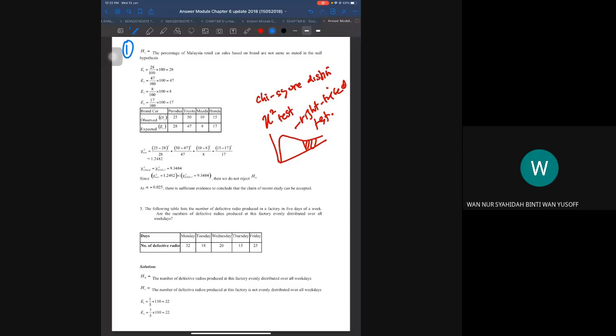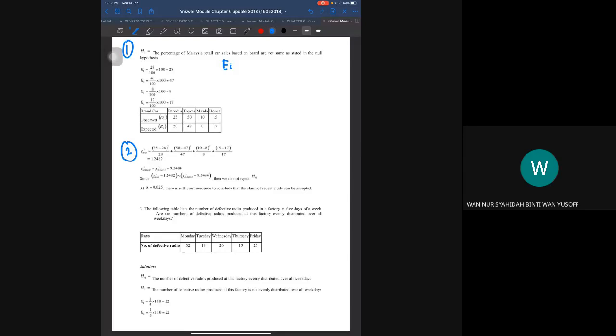And then the second step is to calculate the chi-square test. But before we calculate the chi-square test, we need to calculate the expected frequency, the Ei. What is given in your question is the observed frequency.